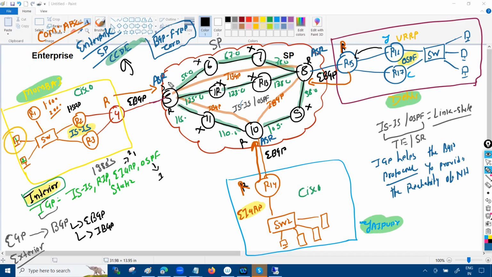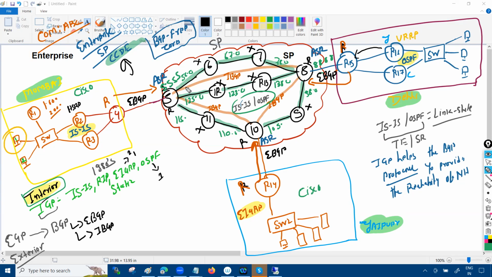For example, I have a loopback 5.5.5.5, and I have another loopback, 8.8.8.8. These loopbacks are reachable by any of the IGP protocols. If they are not reachable, then what happens? Your BGP route cannot become a best route.